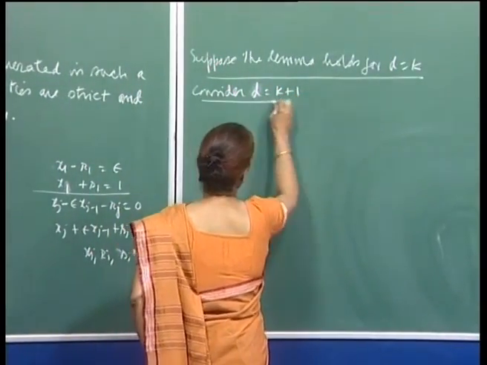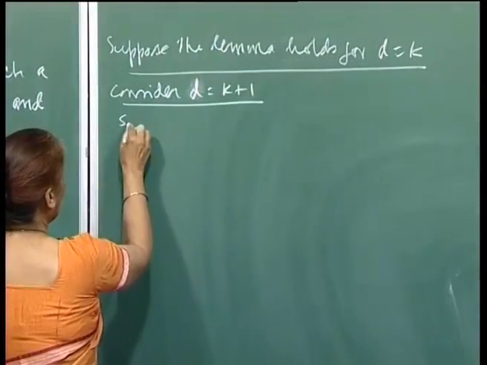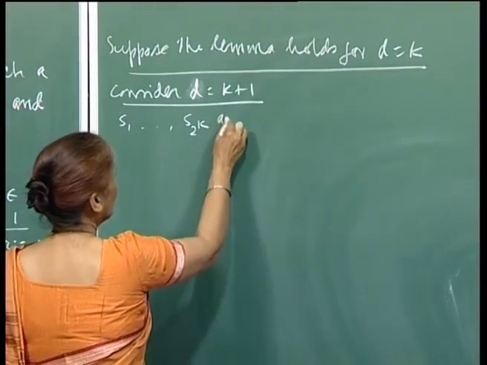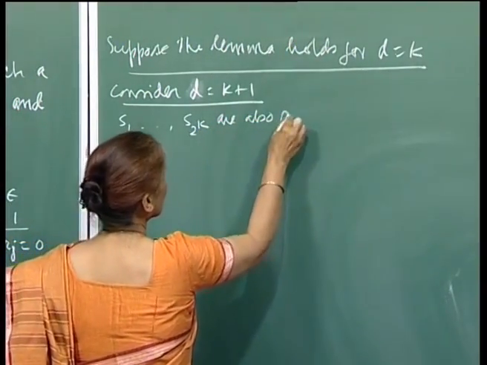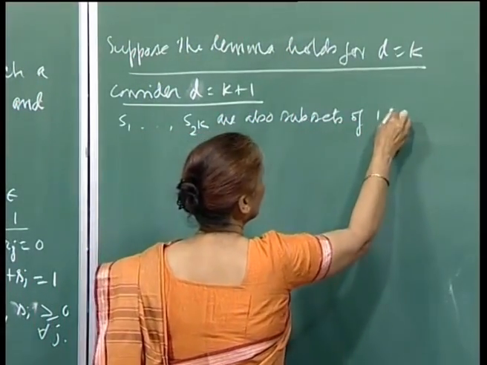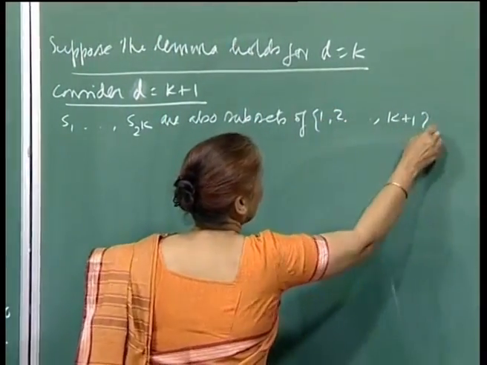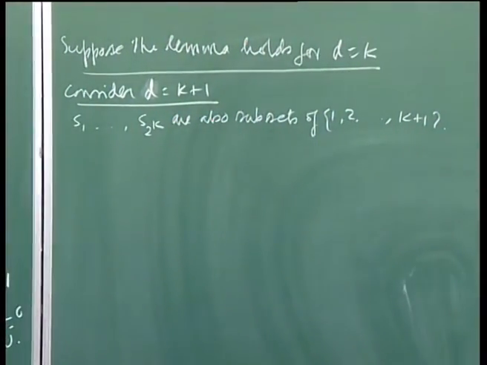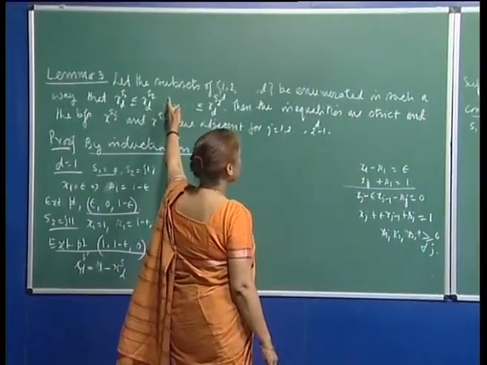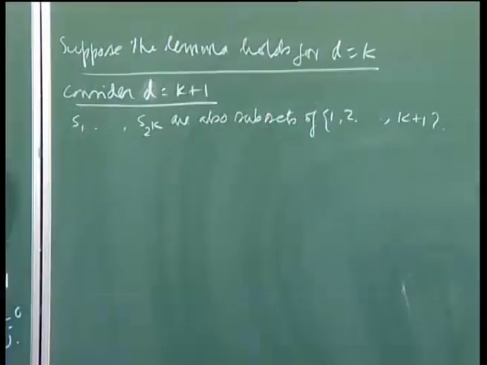k plus 1, right. So, the thing is that S 1 to S 2 raised to k are also subsets of 1 to k plus 1. They are also subsets of this, right. And so, this property holds. So, up to 2 raised to k, these values will satisfy this, because they are the same subsets as they were there.